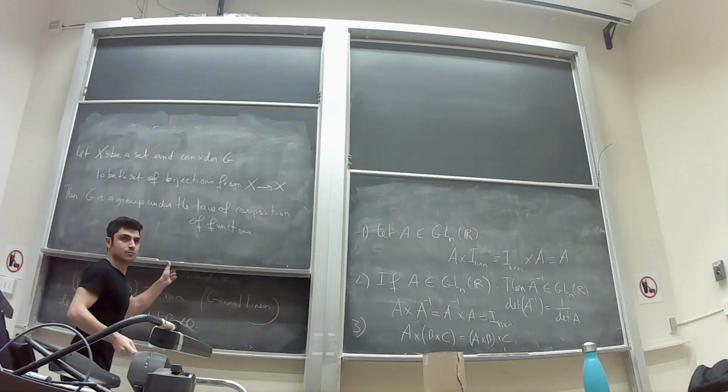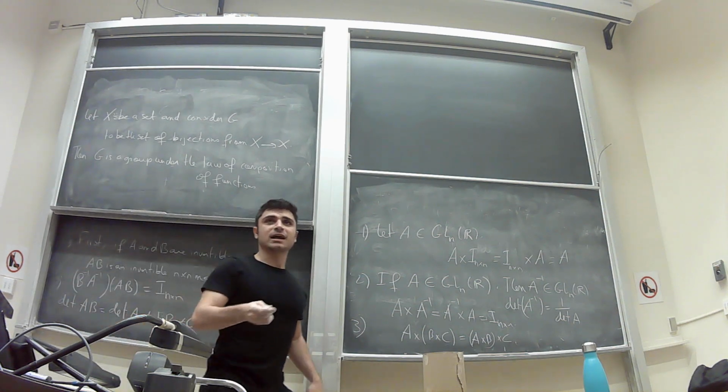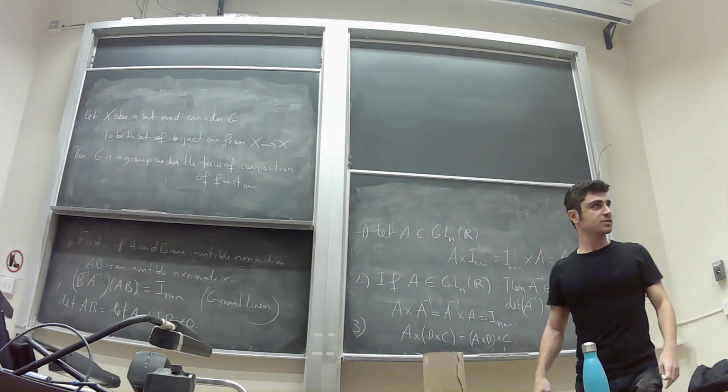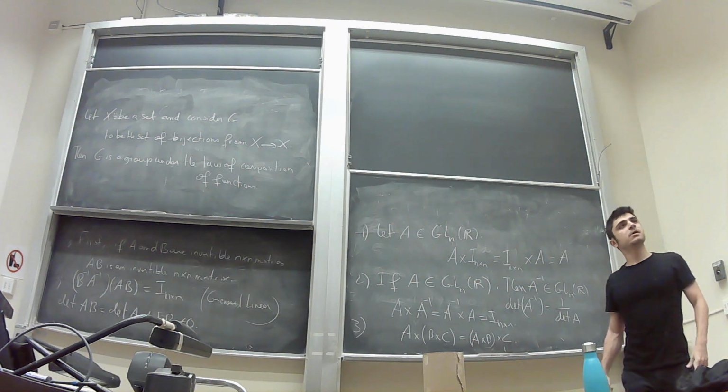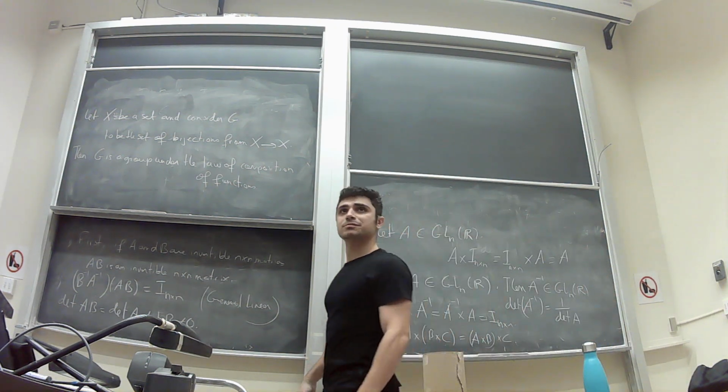So take a set X and take all the bijections from X to X. The binary operation here is composition.